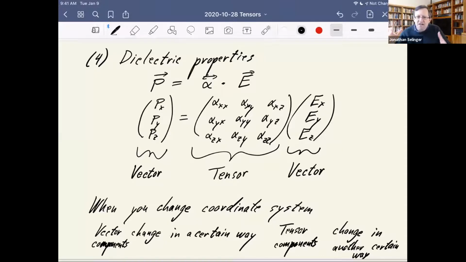And the way that these things change, they all fit together in such a way that this equation can be true in any coordinate system, not just in one coordinate system. Ibrahim, you have a question?